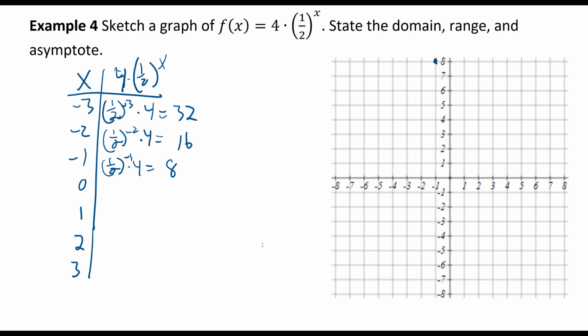And then how about 0? So it's going to be 1/2 to the 0 times 4, which is 4. That's our y-intercept. And then 1/2 to the 1 times 4 is 1/2 times 4, which is 2.